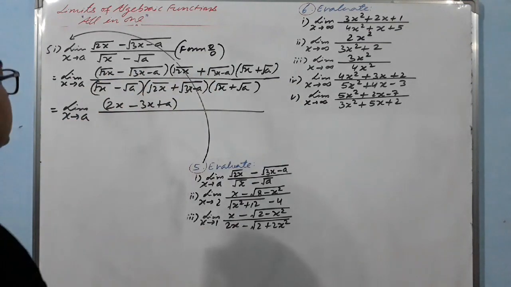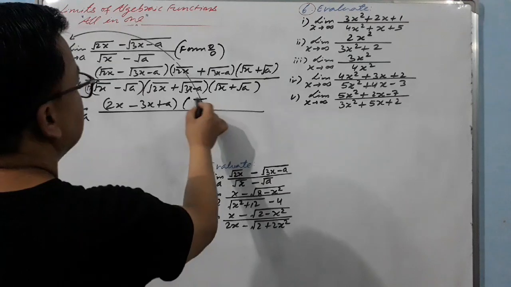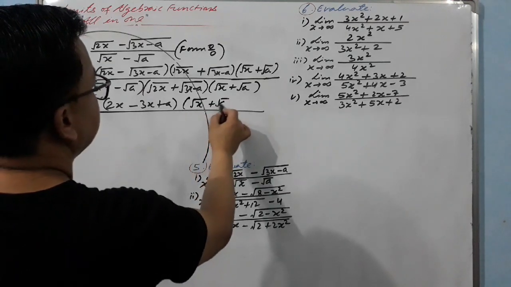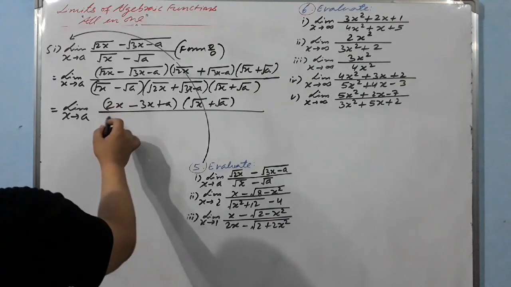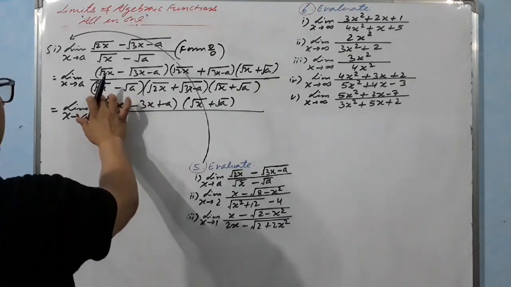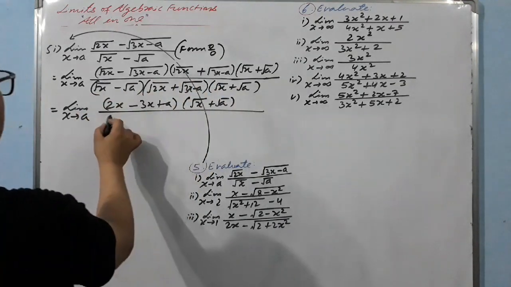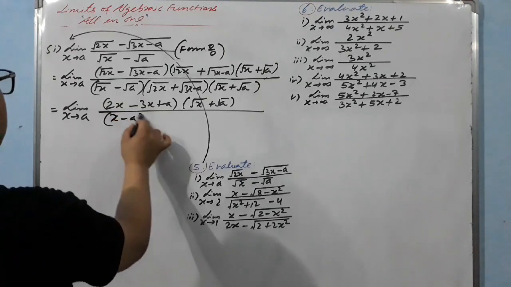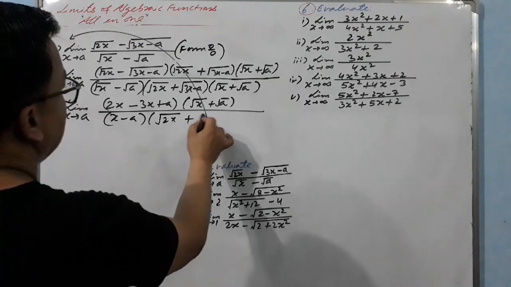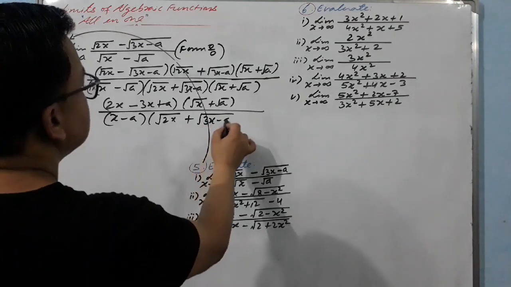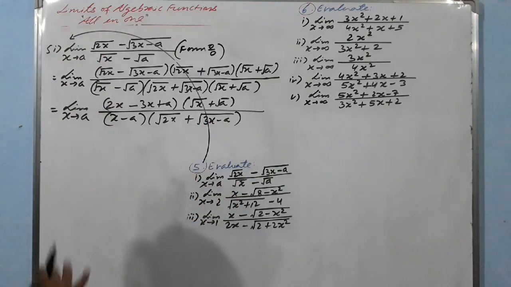And here root x plus root a, this is not going to be disturbed. Now with a minus b, a plus b, use your formula and you will get x minus a. I have done it directly. At this level you will not have a problem in this type of simplification.